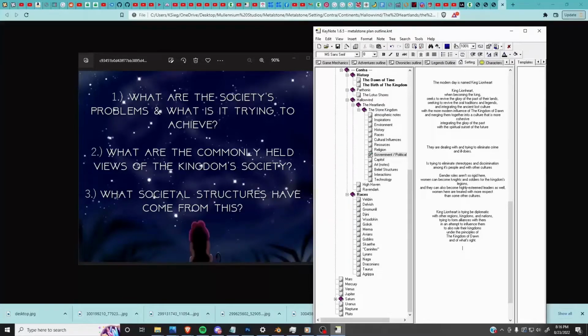And since they're a religious kingdom, I would imagine that there'd be ongoing conflict between regions that don't have the same religious beliefs as they do.